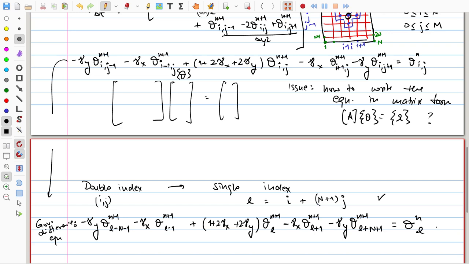Any problems? I think the problem occurred because this starts from 0. That's how we are indexing it. So actually we have n plus 1 points. That's the reason probably I had written 2n plus 1. So you have a total of n plus 1 points in one direction in the grid, in the x direction.